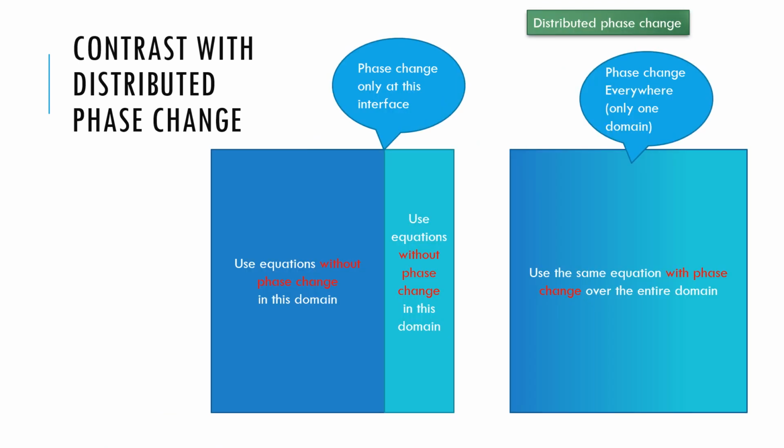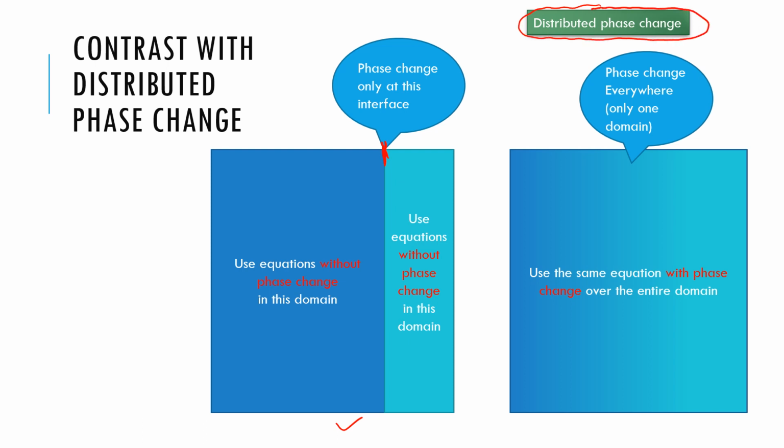We keep talking about sharp boundary. It would be nice to contrast this with something that is not a sharp boundary. So what is this other possibility? Here are the two conceptual schematics. On the left is the sharp boundary, where the phase change only happens at this interface, whereas on the right is the opposite of sharp boundary, or distributed phase change.